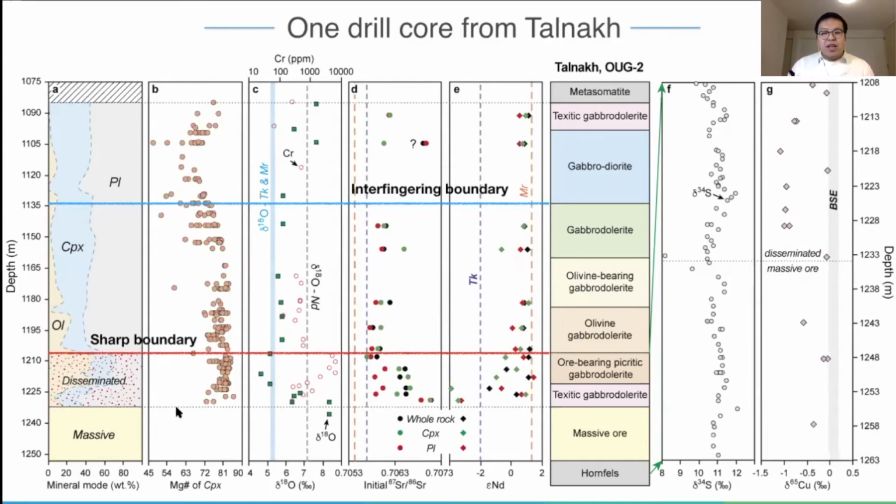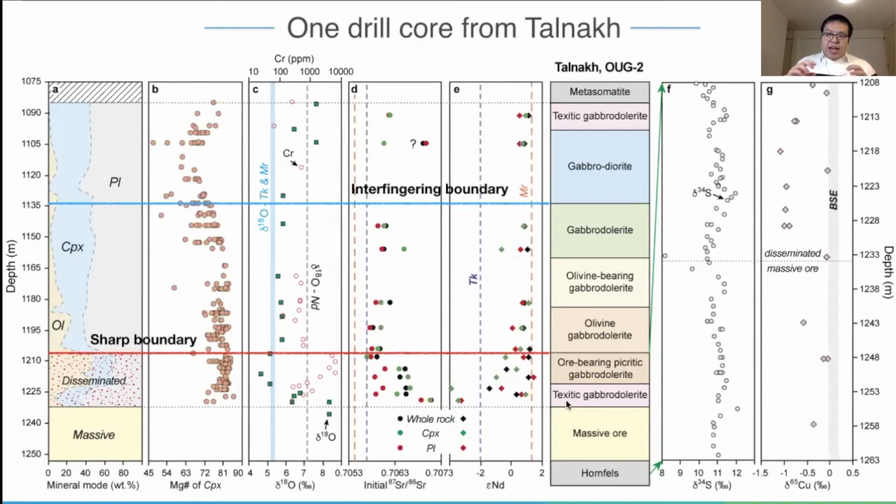Also below the sub-boundary, we can see the increase of the oxygen isotope. And we also see disequilibrium of strontium and vanadium between the whole rock and the silicate minerals. It's also taxitic gabbrodolerite.